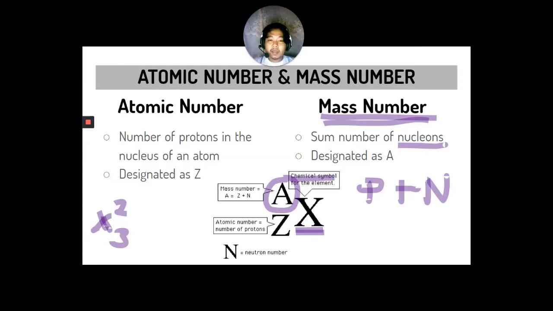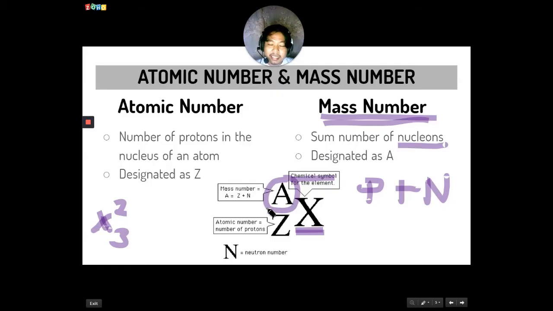That is why when we talk about the mass of an atom or the mass number, we simply refer to the proton and the neutron. That is why we simply add protons and neutrons to get the mass number, and we place it on the upper left corner of the chemical symbol.